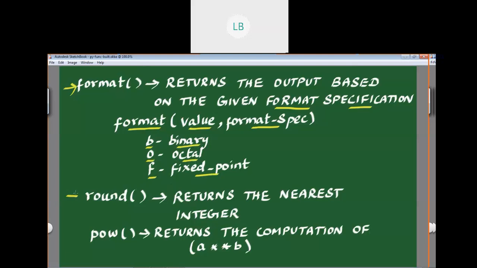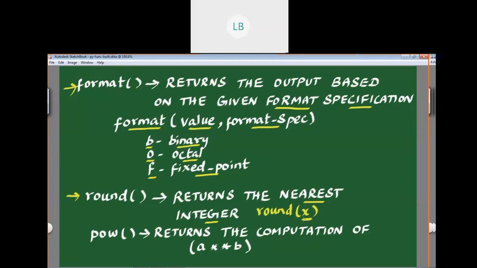Next one, round function. This function returns the nearest integer. It will round and give the value. Where you can use this round function: round of x, where you give a value for this x, that value will be rounded and you'll be getting the output.